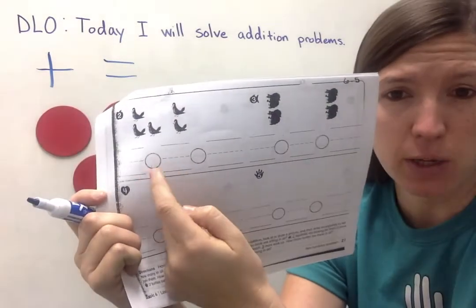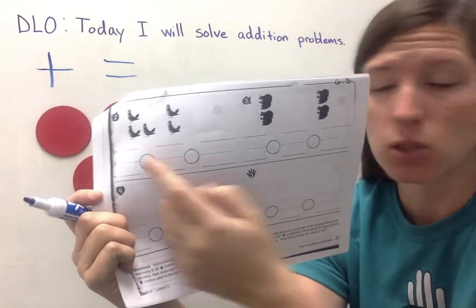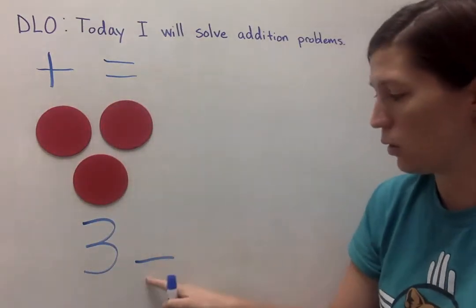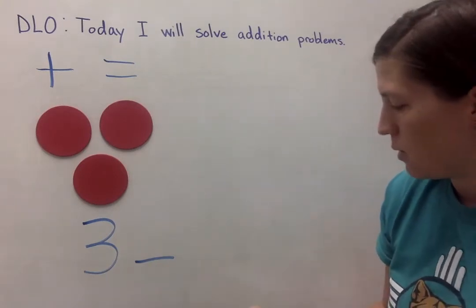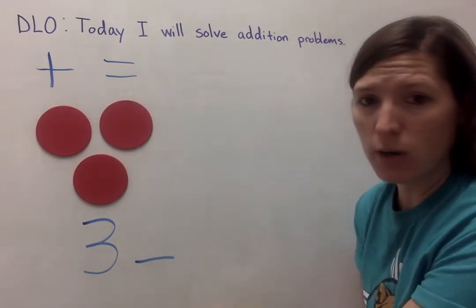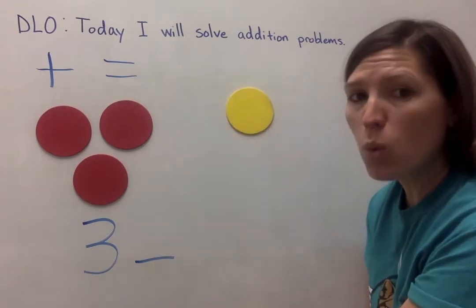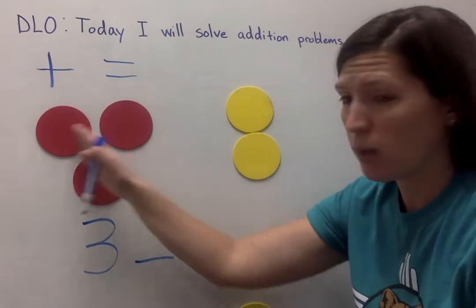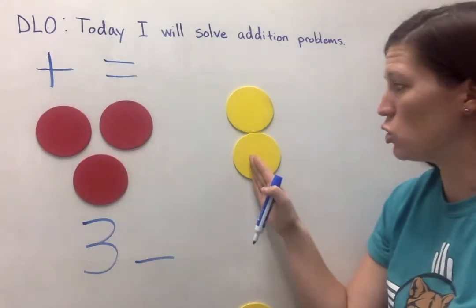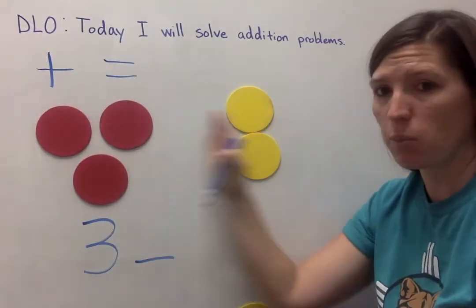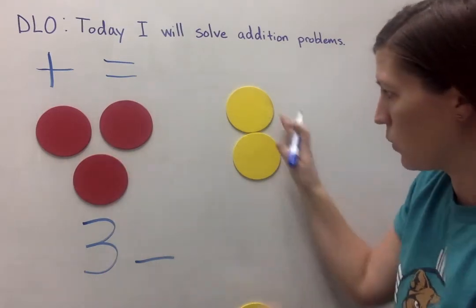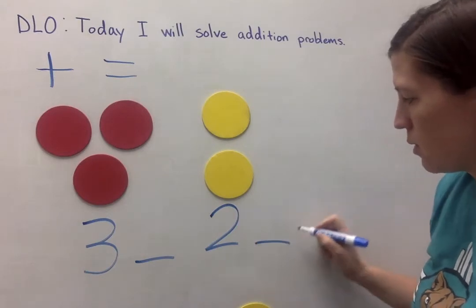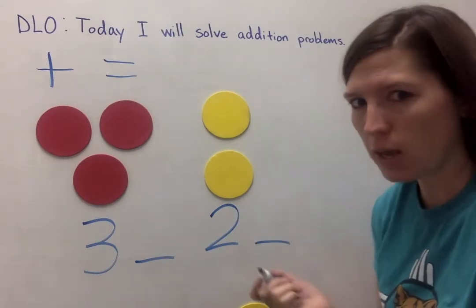I'm going to put a blank spot here for me because I don't want my circles to look like O's for you. 3. I don't know my sign yet. When I was in the barn, I found 2 more buckets. I found 3 buckets, then I found 2 more, so these ones are separate than the first ones I found. So I'll write the number 2 here. How many do I have all together?